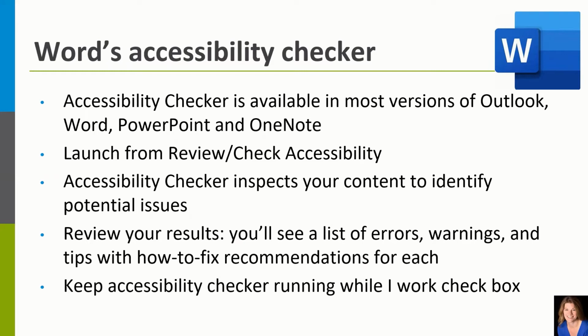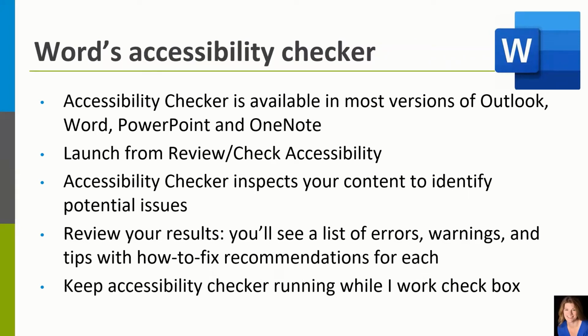One way to do that is to make sure that it's accessible. And so we've built in this really easy way to check for accessibility. The accessibility checker walks through the content and inspects it to identify potential issues. It could be missing headers or images without alt text, maybe a table layout that might create challenges for people with visual impairments or other reading considerations.